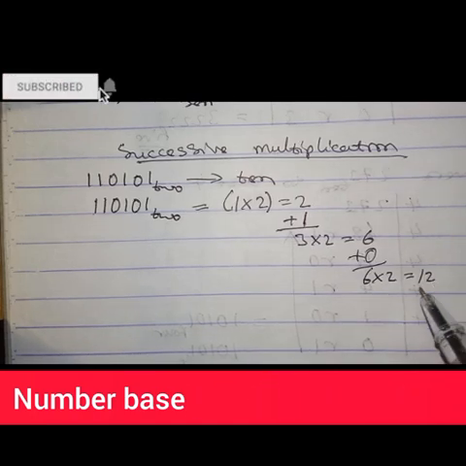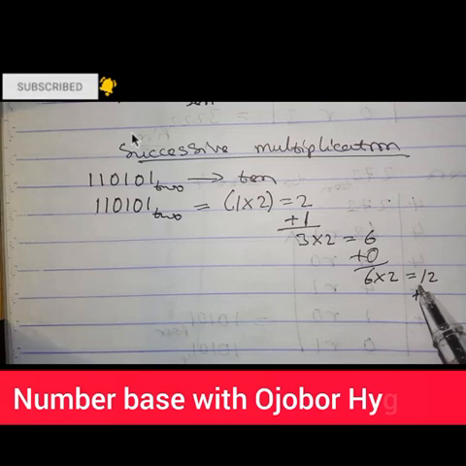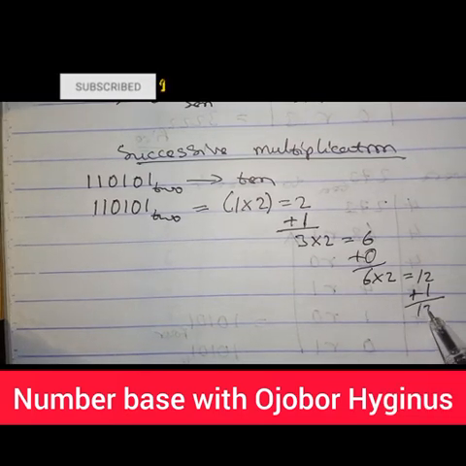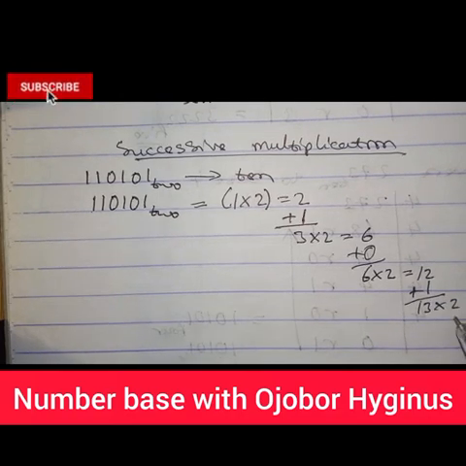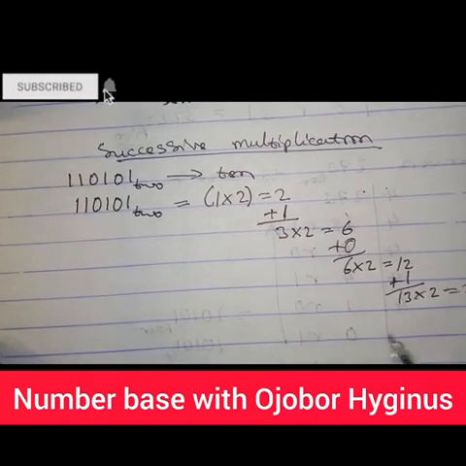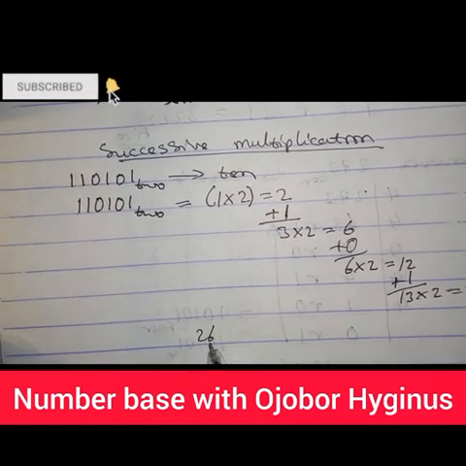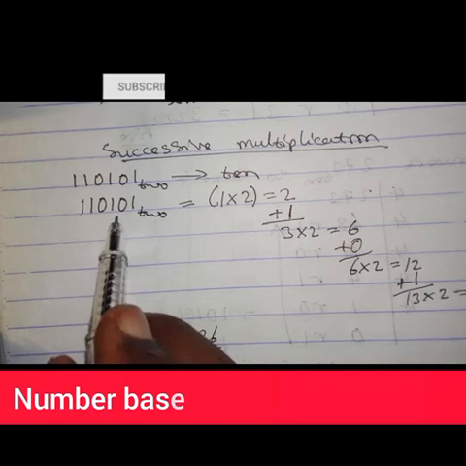And I will add the next digit to it, which is 1, and that will give me 13. Multiply it again by the base 2 to have 26. And when you have 26, you add the next digit, which is 0.